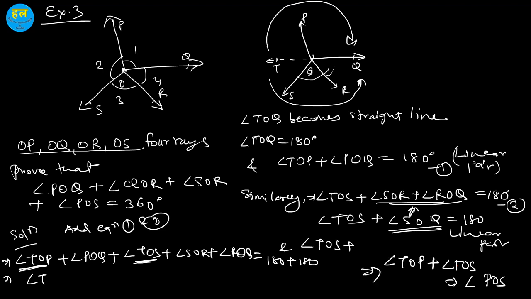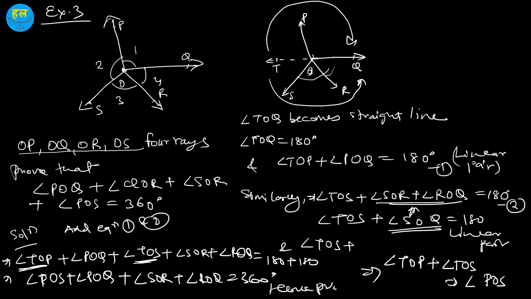Because we have assumed this line, we will remove this line now. So this becomes angle POS plus angle POQ plus angle SOR plus angle ROQ equal to 360 degrees. Hence proved.